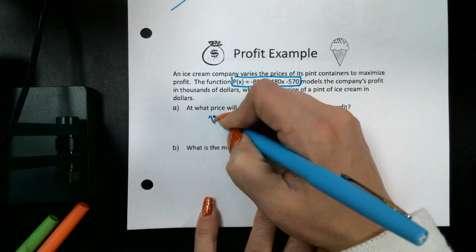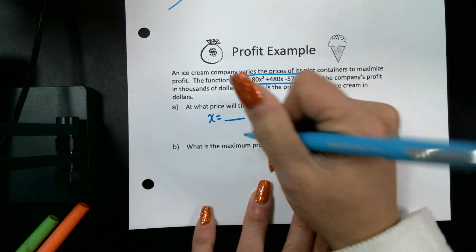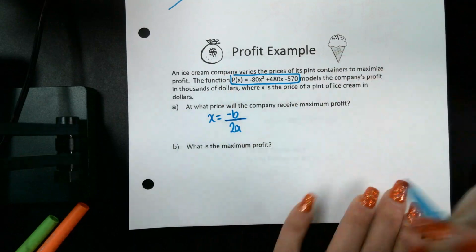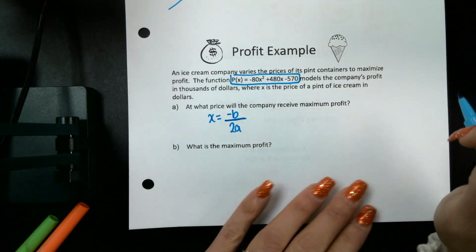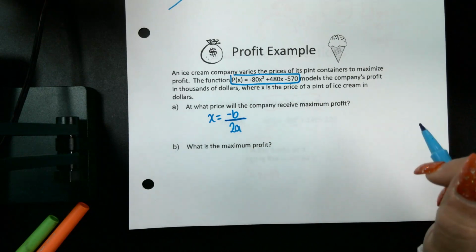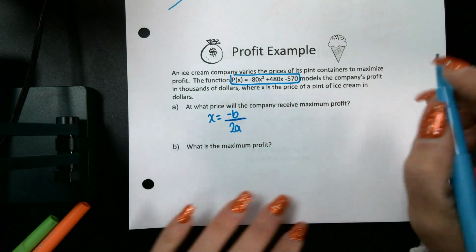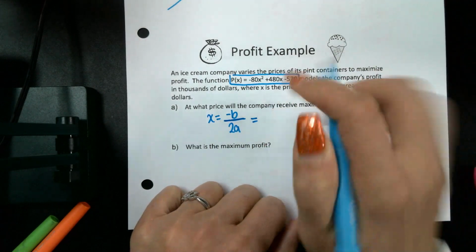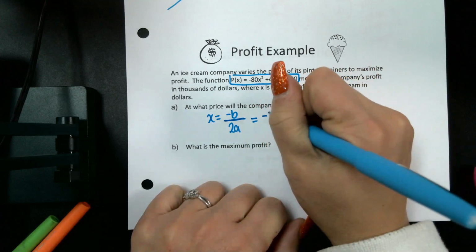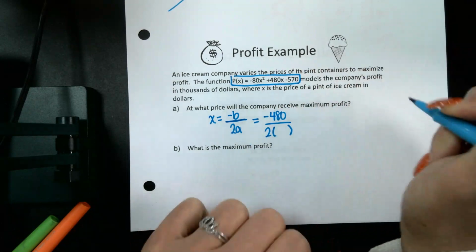So in order to find the price of the ice cream, guess what little formula we use? The axis of symmetry. Yep, that negative b over 2a. When you're looking for X, we're going to use the axis of symmetry. Okay, so what is the opposite of the b term? Negative 480 over 2 times a, and what was a?